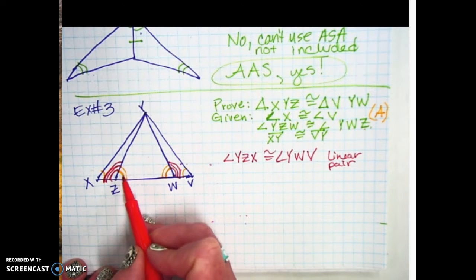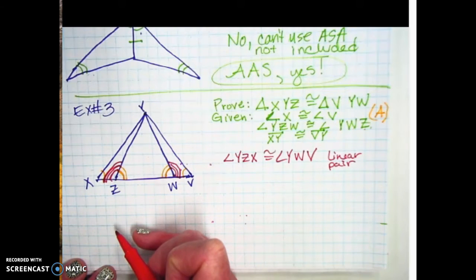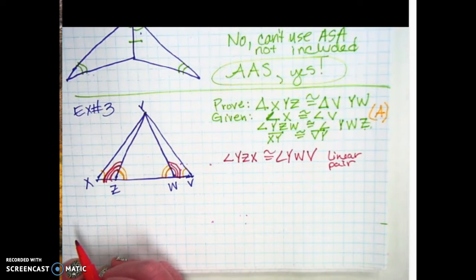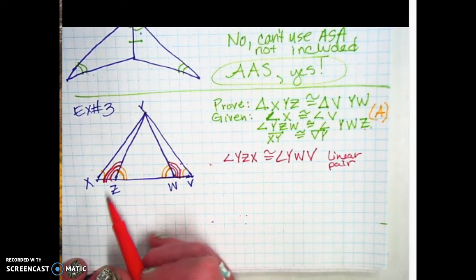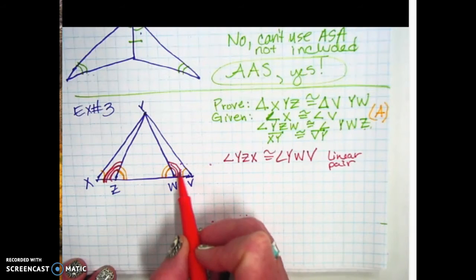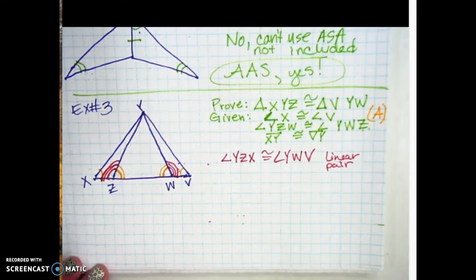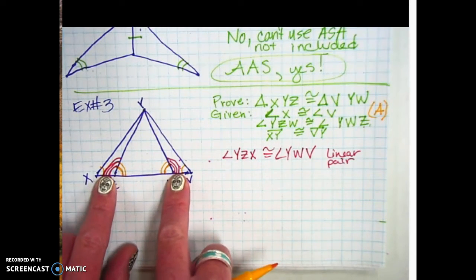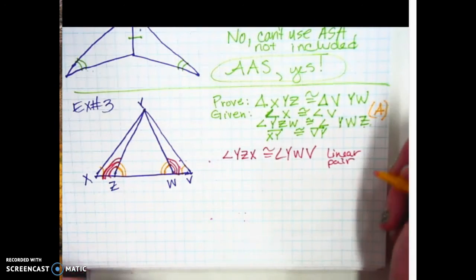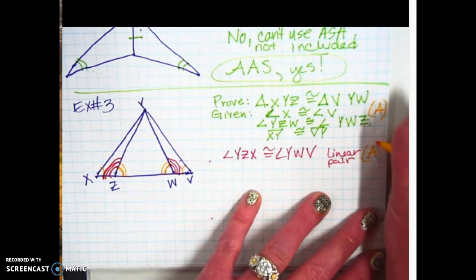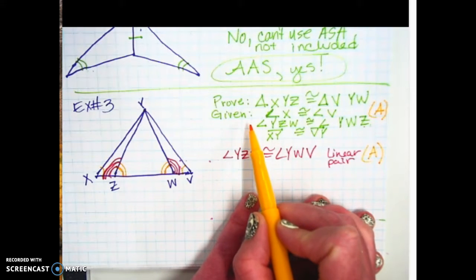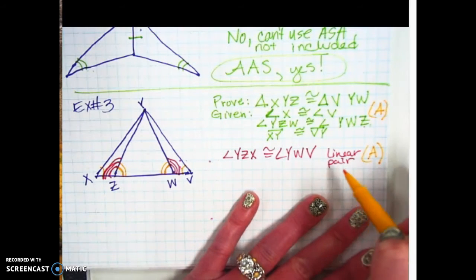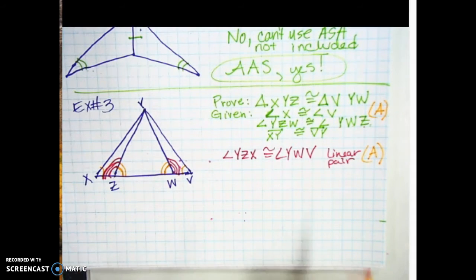If you add this angle and this angle, you're going to get how many degrees? 180. And if you add this angle and this angle, you get 180. So if these two are congruent, then those two are going to be congruent. Now can I write an A? Are these two angles inside the small triangles on the right and the left? Yes. So this is an A. This statement right here is not an A because it's outside the triangle, but this one, because of it, is an A.